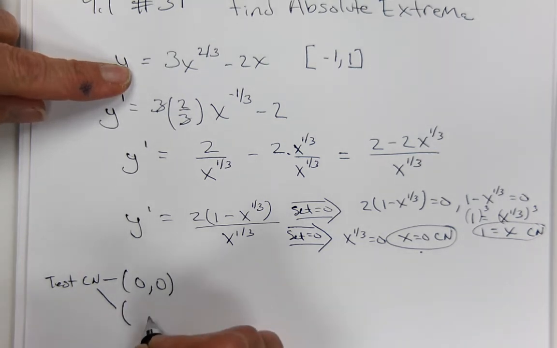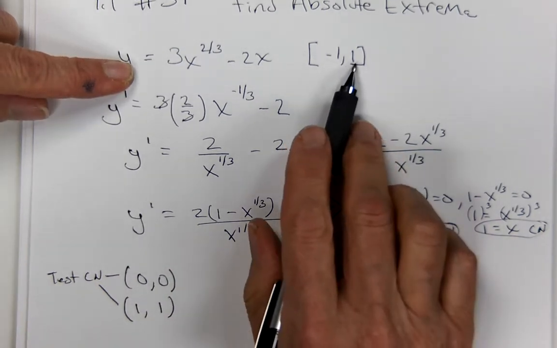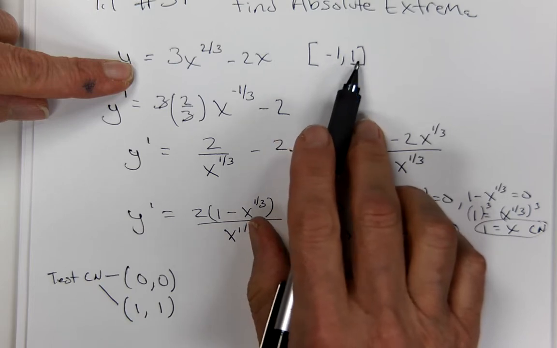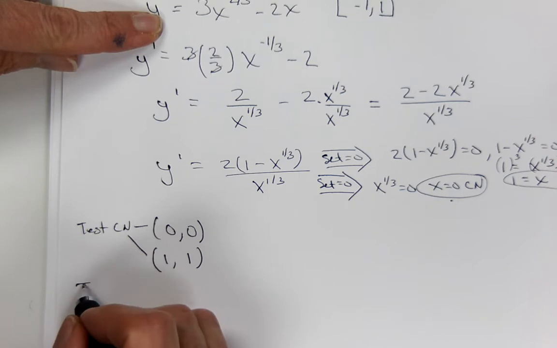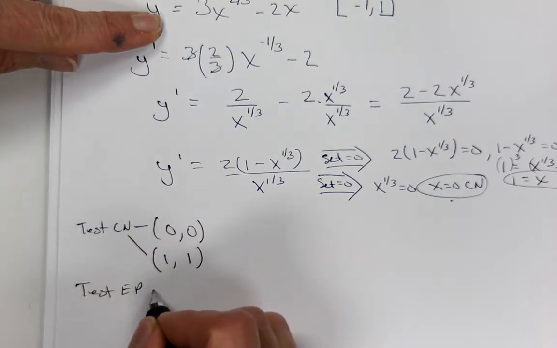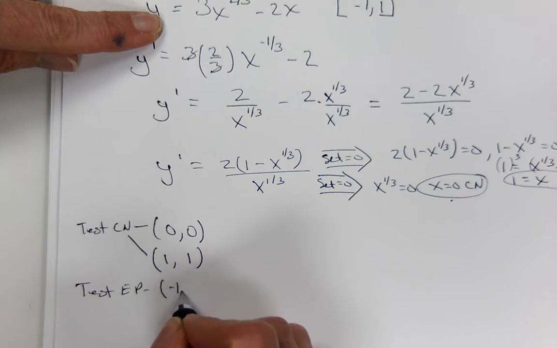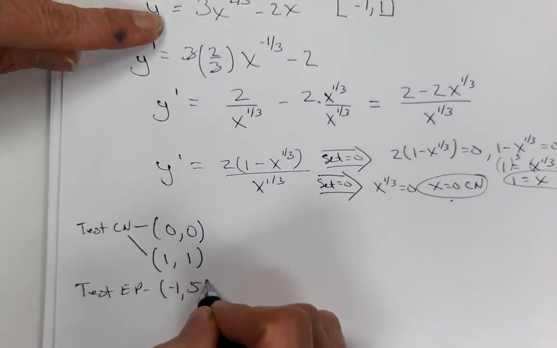And when I do that, I get 1. 1 is also an endpoint, by the way. We have to test both the endpoints. We already did 1, so now we'll do negative 1. EP's for endpoint. And when I plug negative 1 into my function, I'm going to come back with a value of 5.